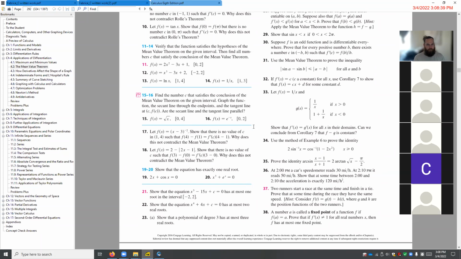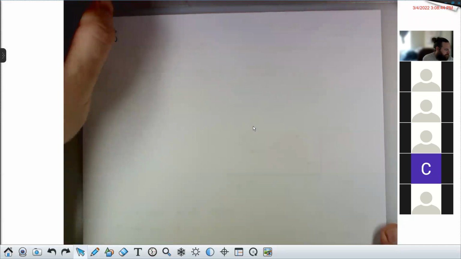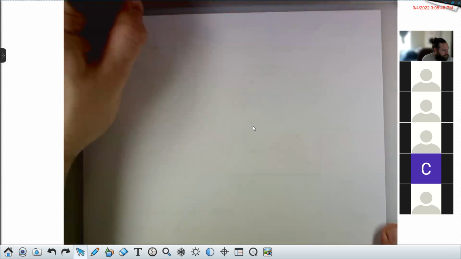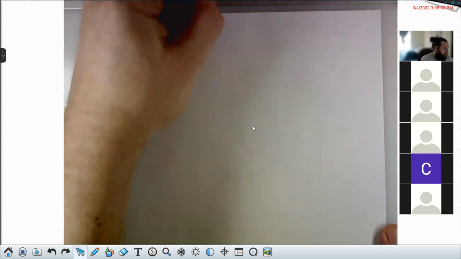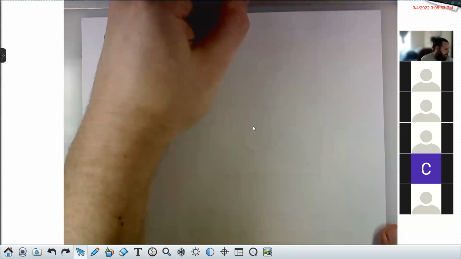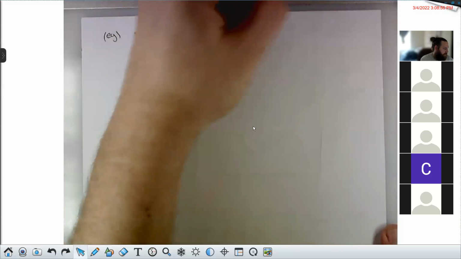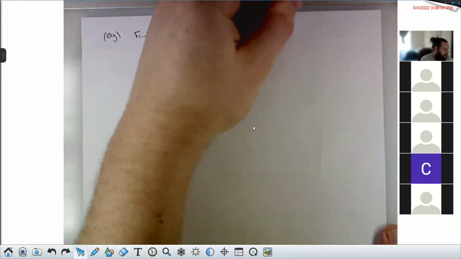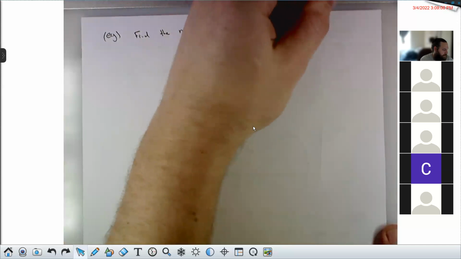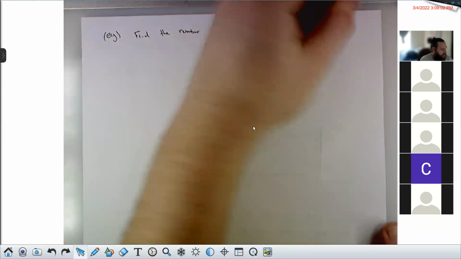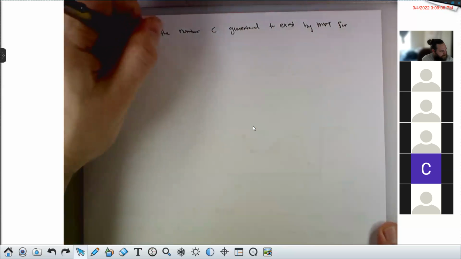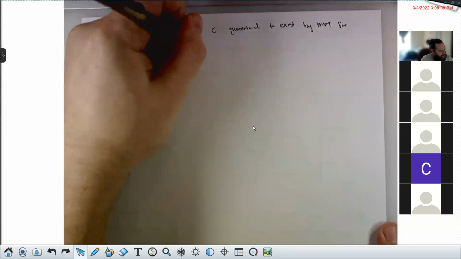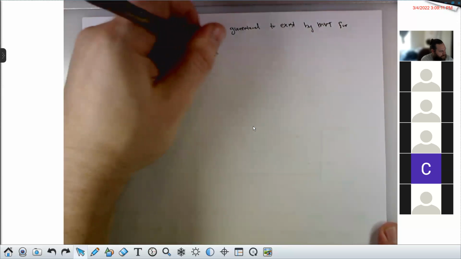All right. Let's do number 16. Find the number C guaranteed to exist by MVT for the function f of x equals e to the negative x on the closed bounded interval 0 to 2.